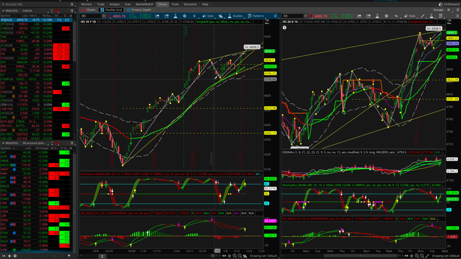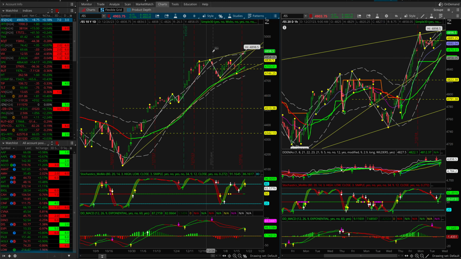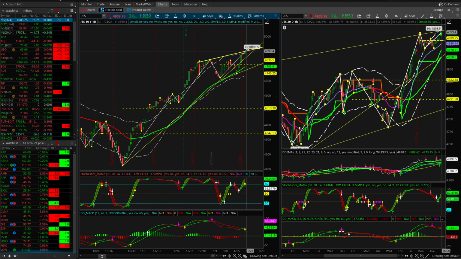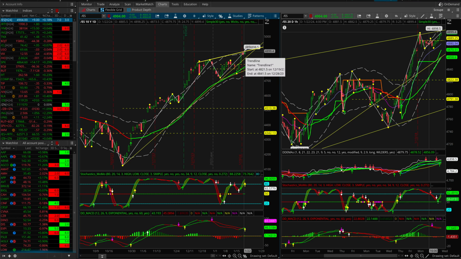I don't want to mess with it. Anyways, we're moving higher. This is the S&P, and it just keeps going. It's above these lines. It's at that upper line that I have drawn. For the last 2 days it's been smushed up against it, and it is acting as at least some resistance.